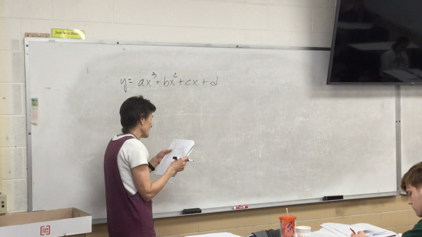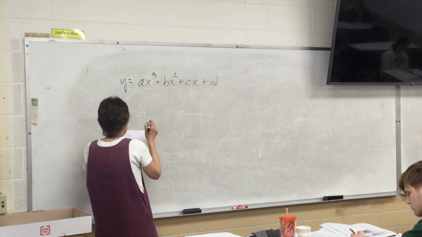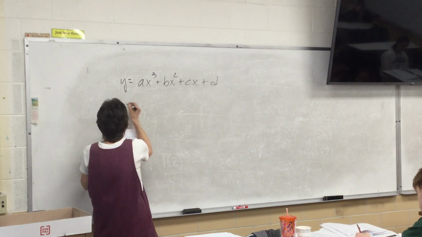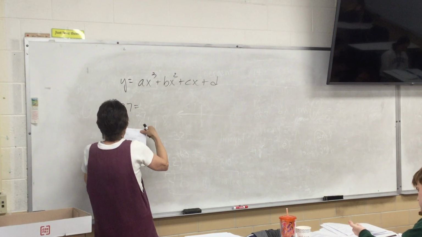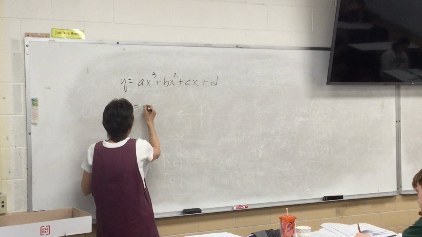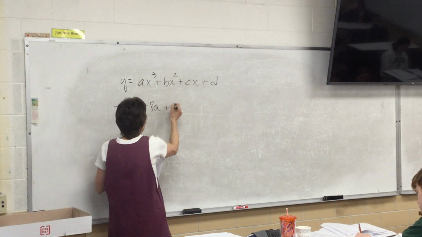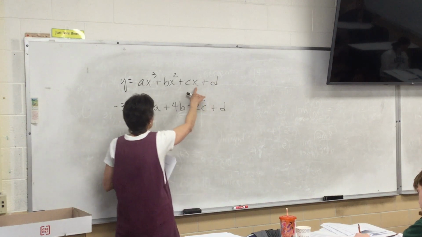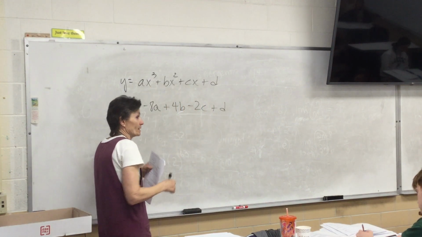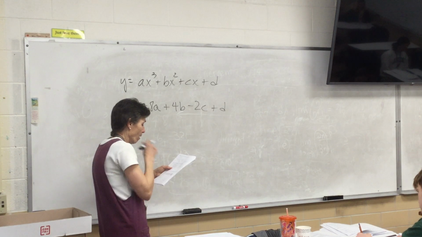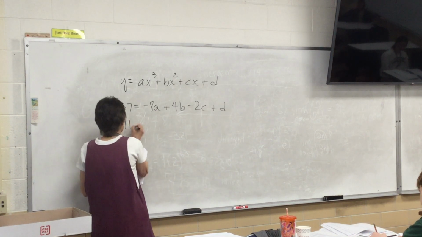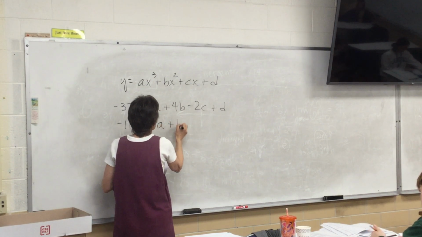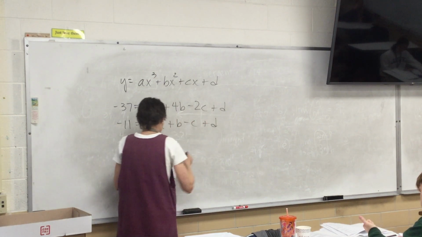So we're going to take each of those given points, each of which is an x and a y. So negative 37, and I'm putting in negative 2, so that's going to be negative 8a plus 4b minus 2c plus d. If I put in negative 2 for all the x's, and then negative 11, now I'm putting in negative 1, so it'll be negative a plus b minus c plus d.